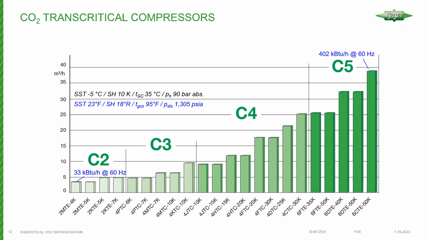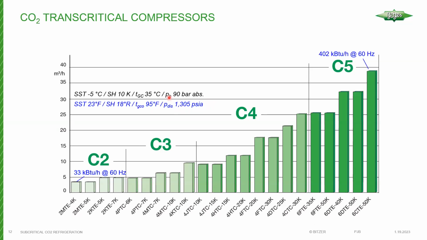The transcritical series compressors, as I mentioned, we will include with the subcritical compressors, and we have a range of approximately 33,000 up to 402,000. This is basically a series of 2-cylinder, 4-cylinder, and 6-cylinder compressors, operating at approximately medium temp conditions. You may notice that for the rating point here, it says 1,305 psia.